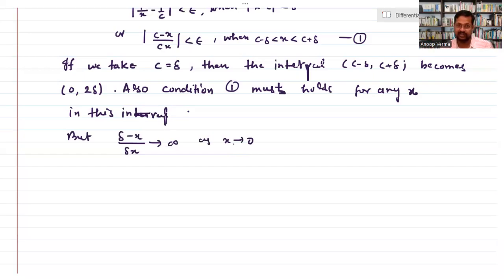It will not remain lesser than epsilon. It violates our condition.